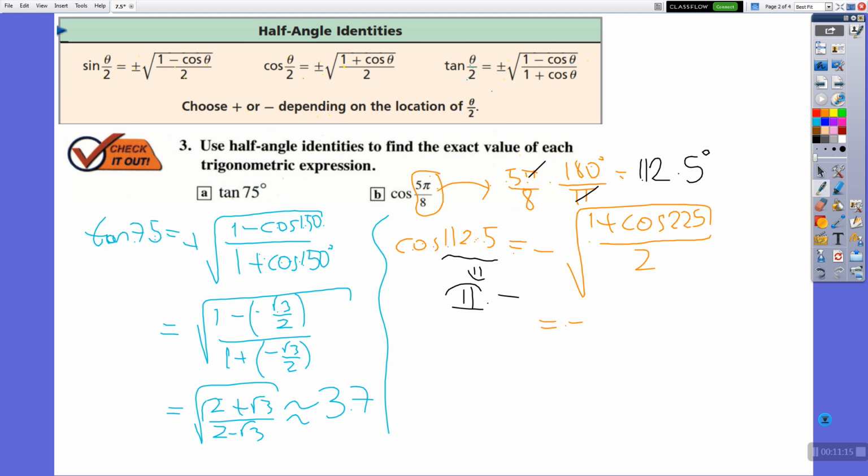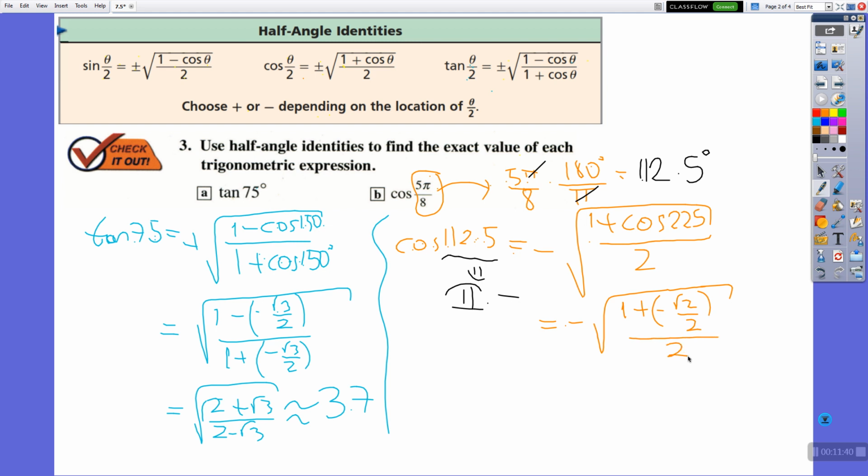it's equal to negative square root of 1 plus cosine 225. The reference angle is 45. Cosine 45 is square root 2 over 2, but it's in the third quadrant. In the third quadrant, the sign of cosine is negative, over 2.